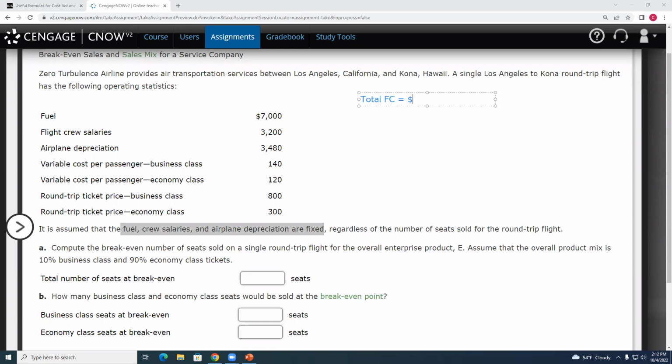It is absolutely believable that the salaries and depreciation would be fixed. I would suggest that the fuel may not be completely fixed, that having more weight on the plane would require more fuel. But this is one of the assumptions that we make.